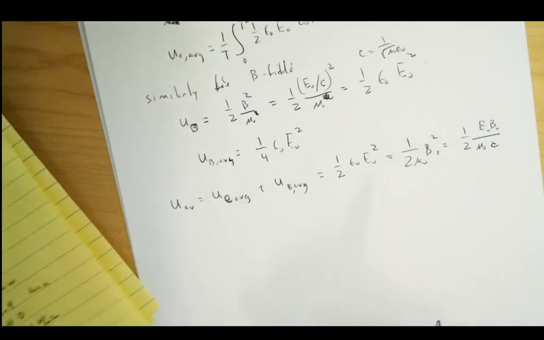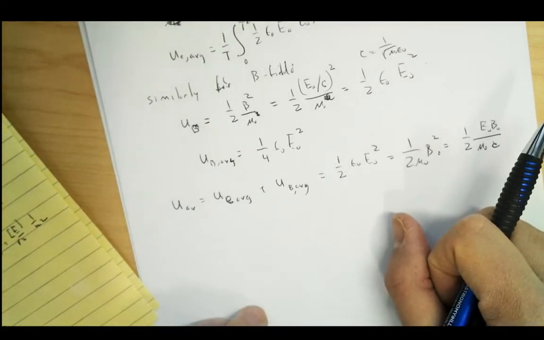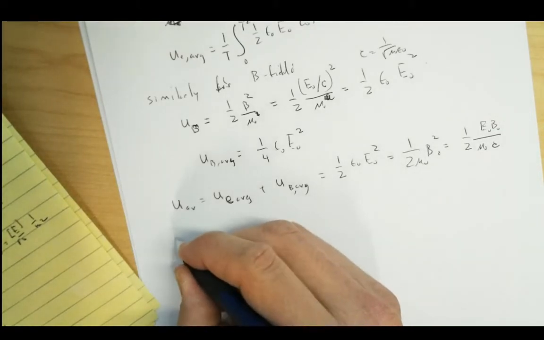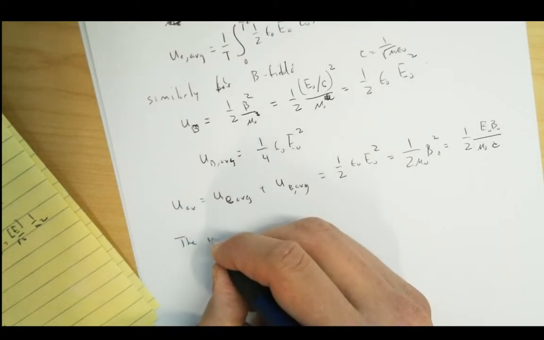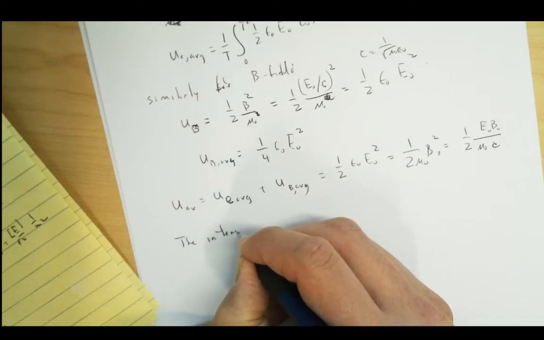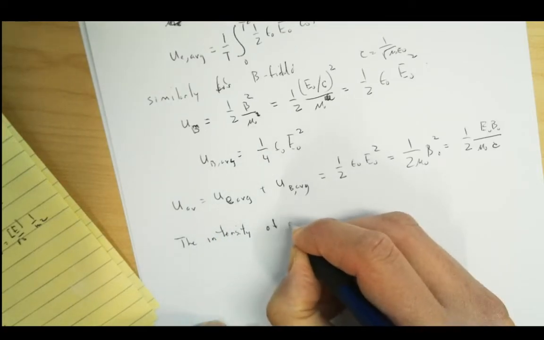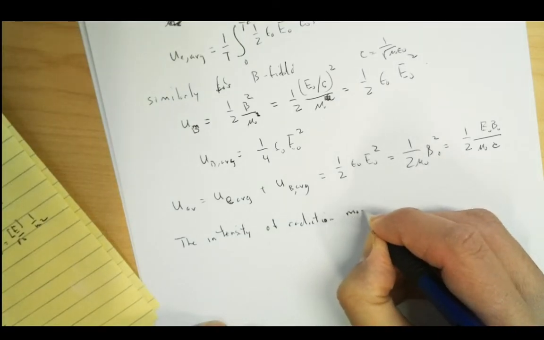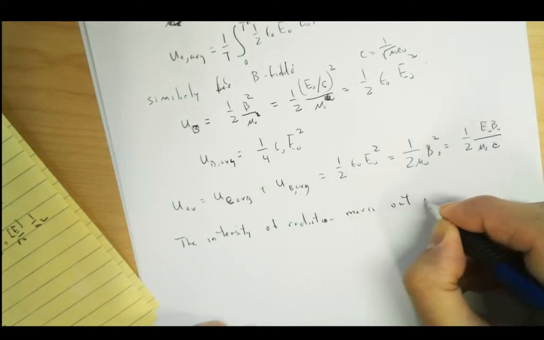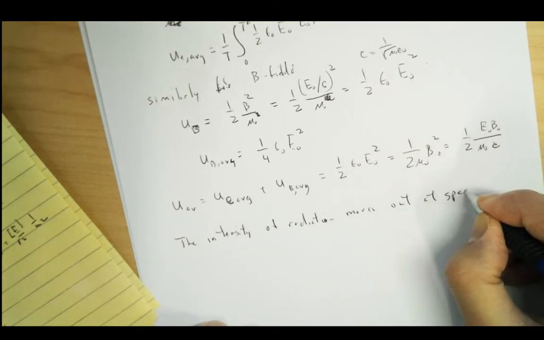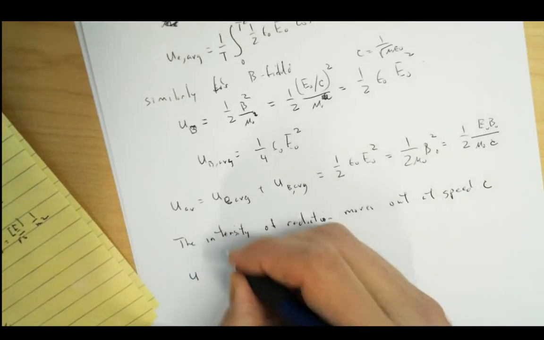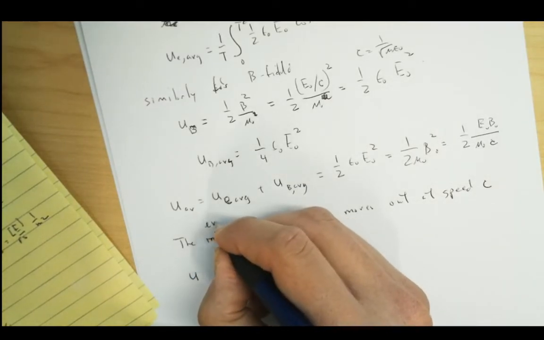Okay. So the intensity of radiation moves out at speed c, right? There's some energy density here.